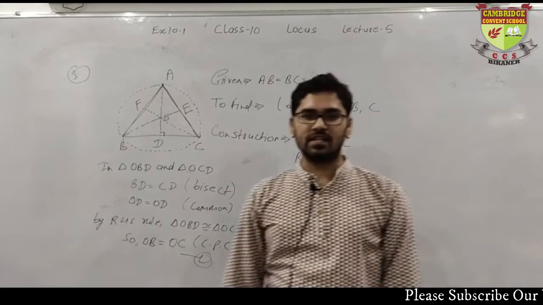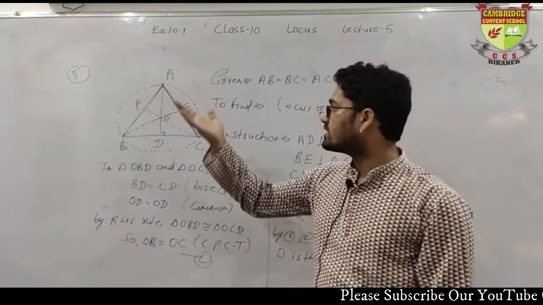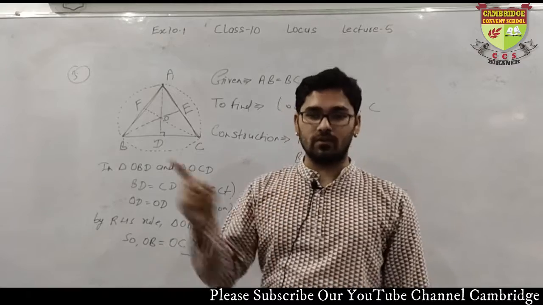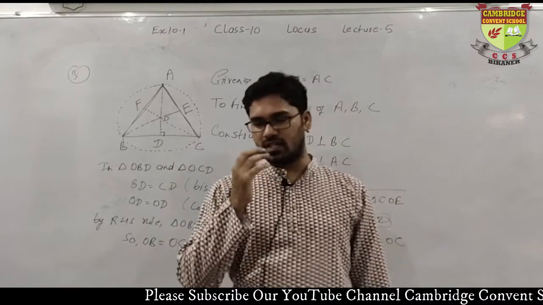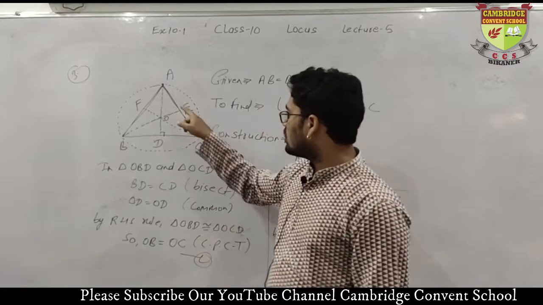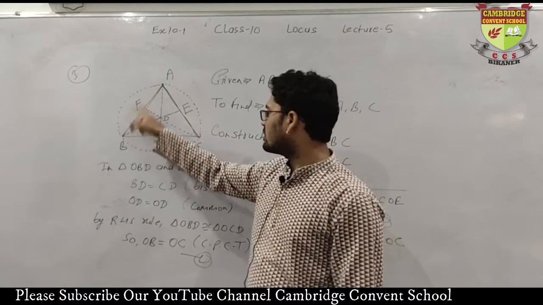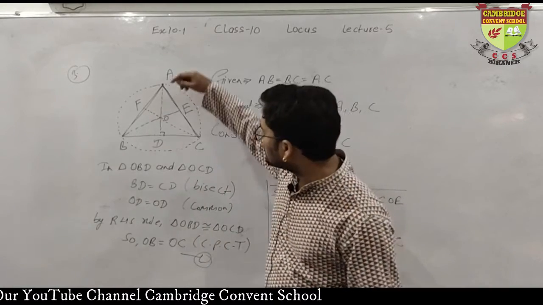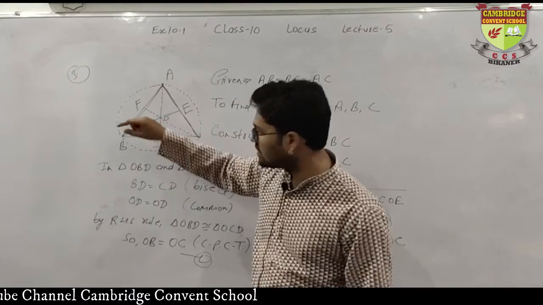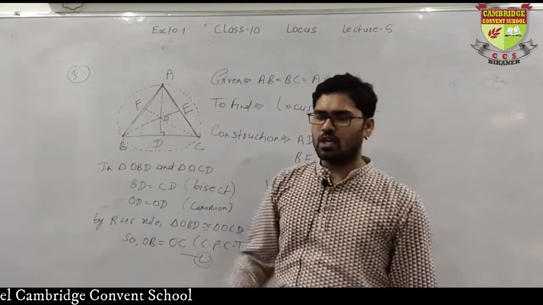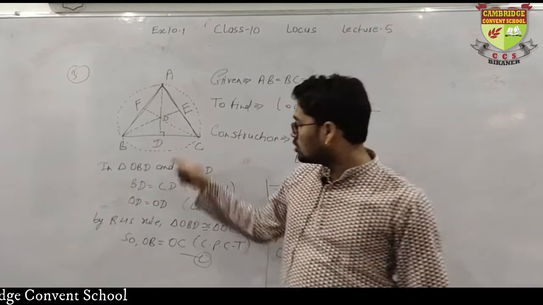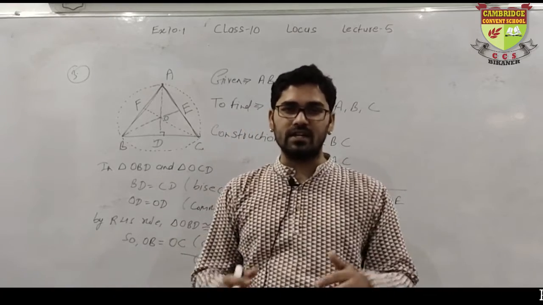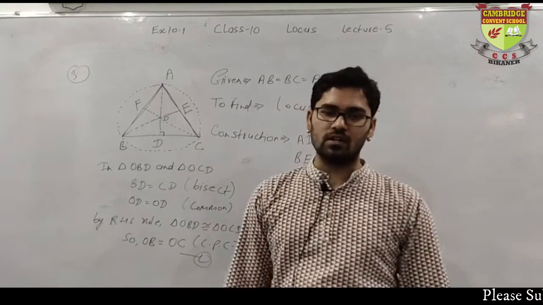So it is called a circumcircle. If a circle is formed on the outer side of the triangle, this is known as a circumcircle, not an outer circle. Outer circle is not an appropriate word for this. Circumcircle is the appropriate word, right? And one more thing to notice, this circle touches all the vertices A, B, C. In detail, you will also get this concept in the 14.2 exercise, in our upcoming lectures.